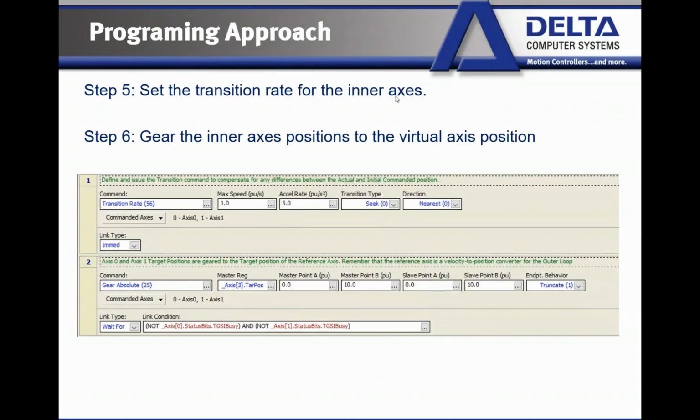Next, we're going to set the transition rate for these inner axes. This is our clutching, right? If for some reason things are out of whack, perhaps you're trying to transition on the fly and you can't just go to the average and wait there, maybe you just need to specify, find the master and transition to it. We're going to be putting in this transition rate. This is basically a clutching speed.